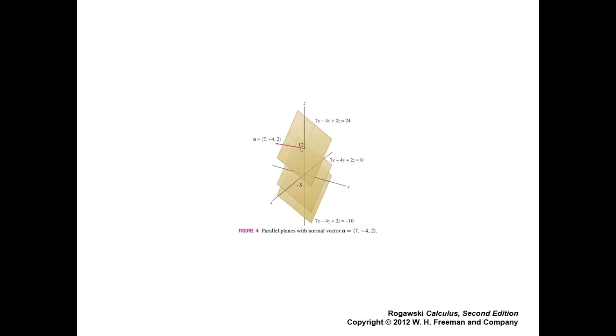Now, give me the normal vector for this plane here, the one that we know goes through the origin. What's that? It'll be perpendicular to this, and since I can't really tell what direction this is, it'll be pointing somewhere like that. But can you give me that normal vector?